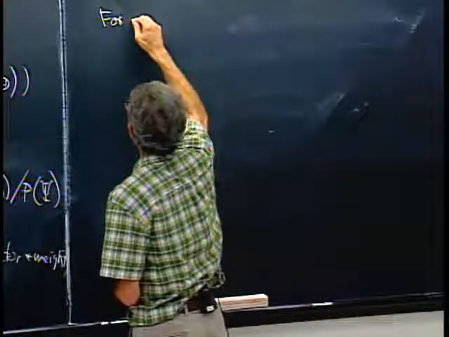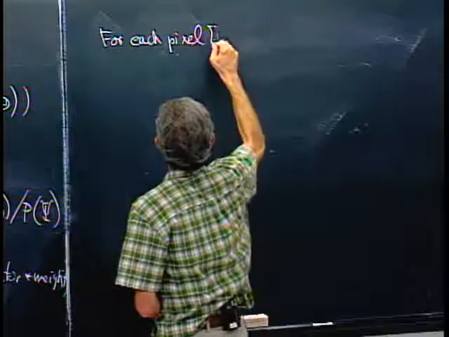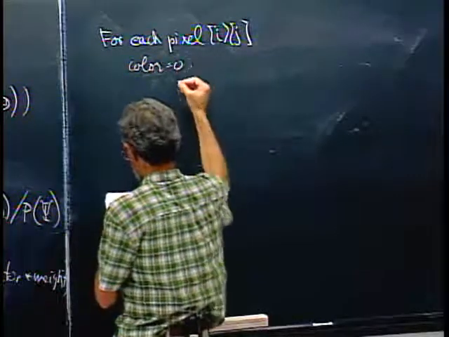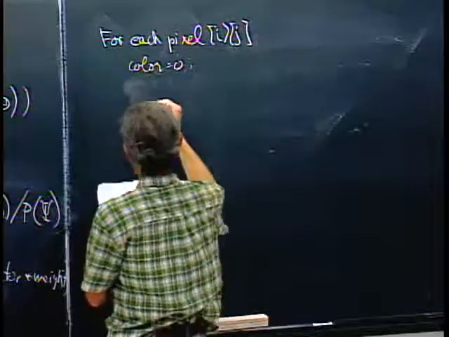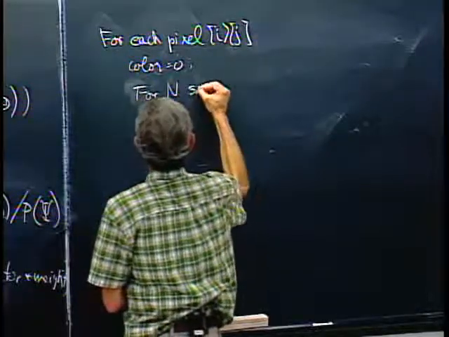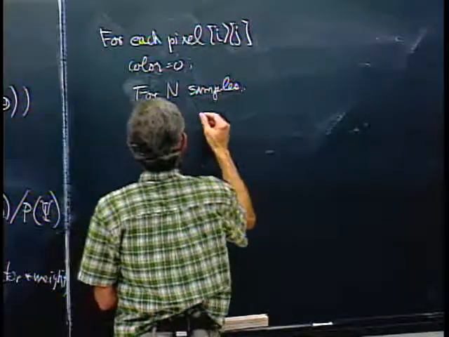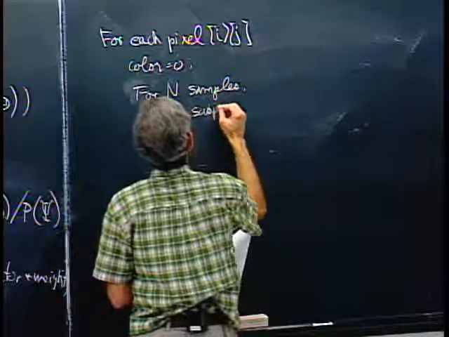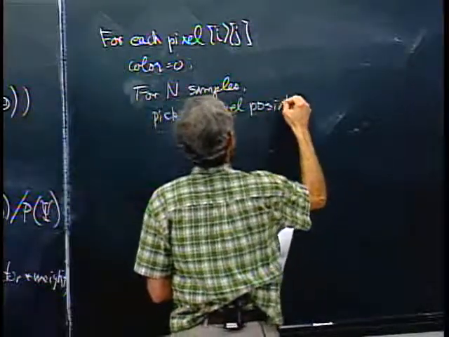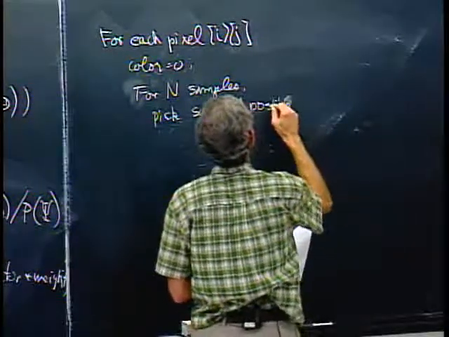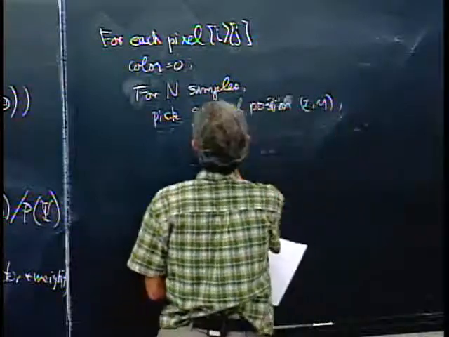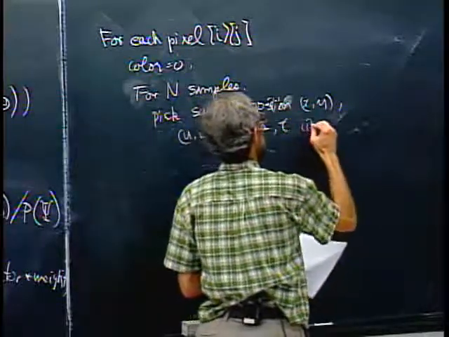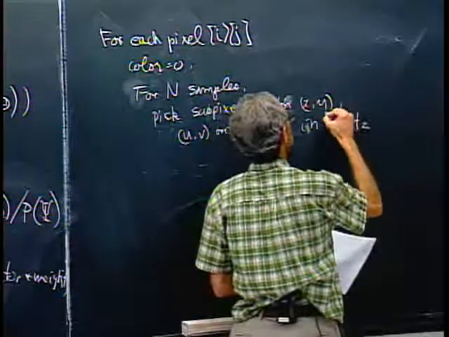So you'd say for each pixel ij, we'll start out with a color equals 0, and then in a loop, for n samples, pick the subpixel position somewhere in the pixel square, usually a uniformly distributed position, X, Y, and UV on the lens, and T in the shutter open interval, like we had last time.